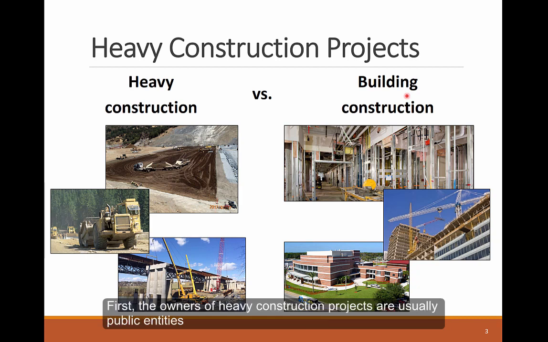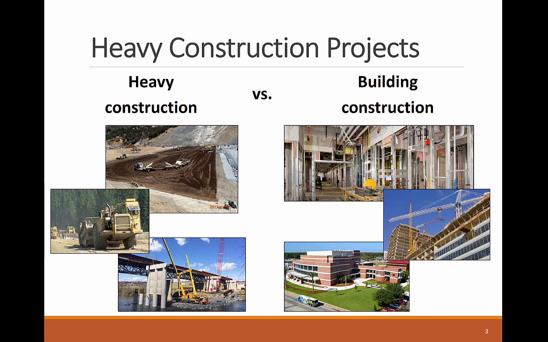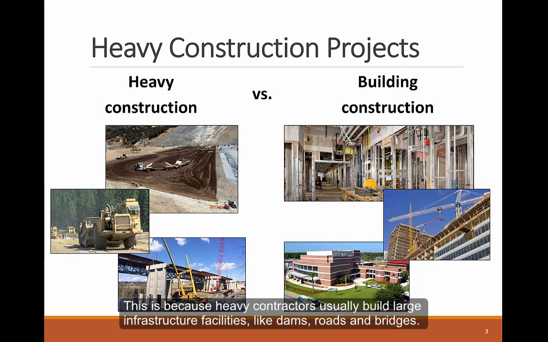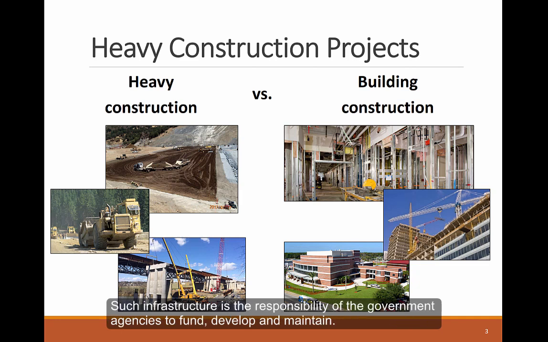First, the owners of heavy construction projects are usually public entities, like the federal, state, or local government. This is because heavy contractors usually build large infrastructure projects and facilities like dams, roads, and bridges. Such infrastructure is the responsibility of the government agencies to fund, develop, and maintain.